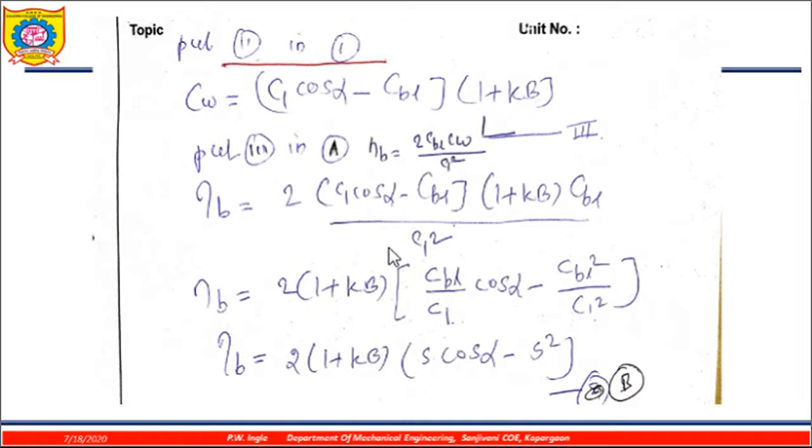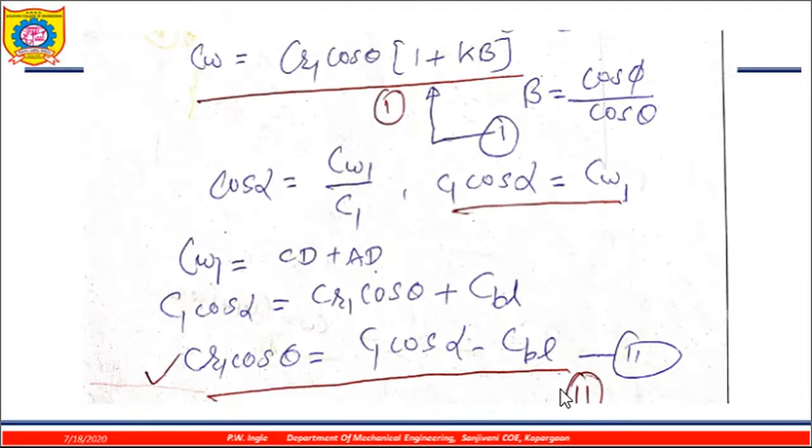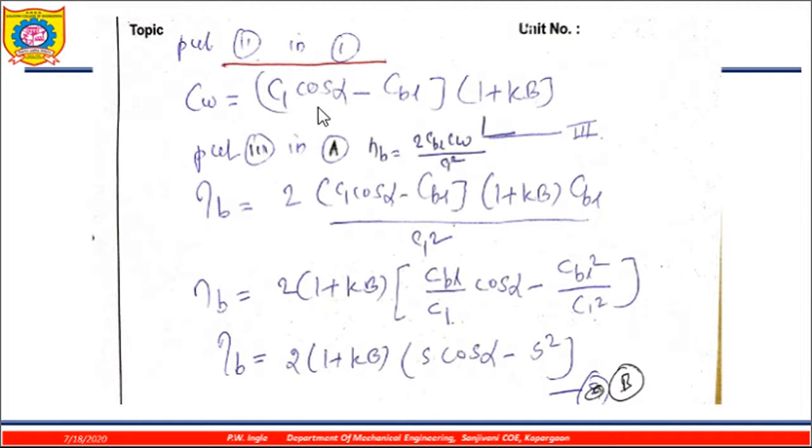Now put equation 2 in 1. CR1 cos theta you have to replace by C1 cos alpha minus CBL. So CW equals C1 cos alpha minus CBL in bracket 1 plus KB. This is equation 3. Put this value of CW in the blade efficiency equation, 2 CBL CW upon C1 square.